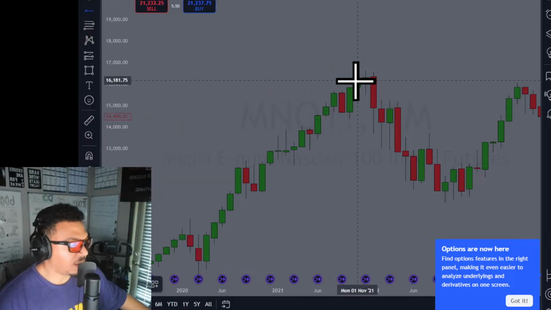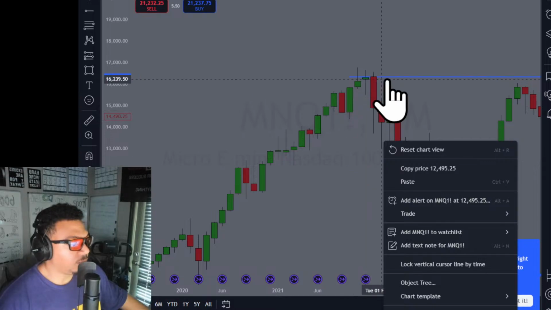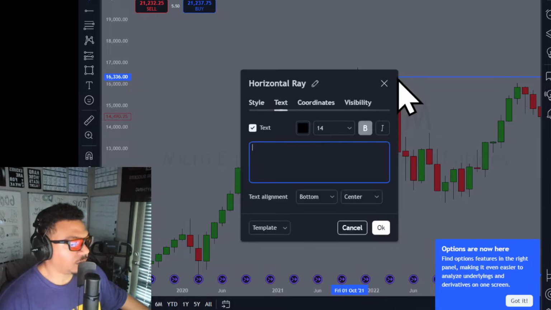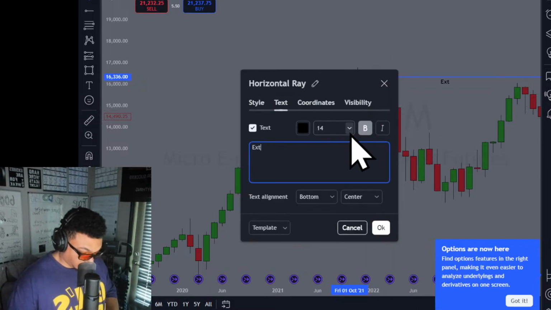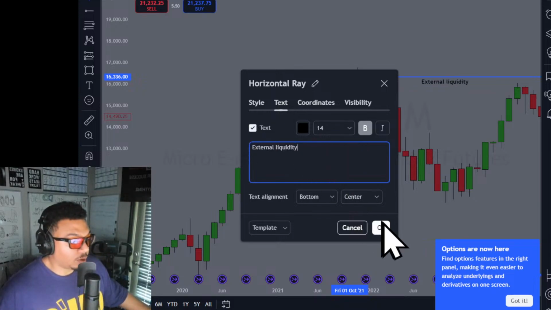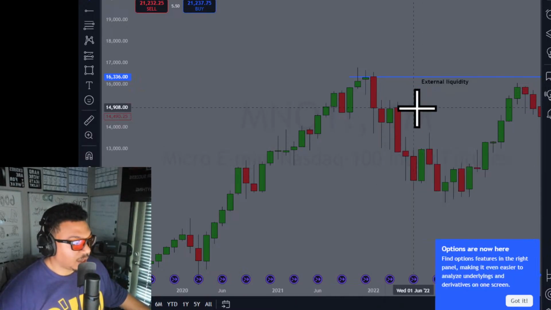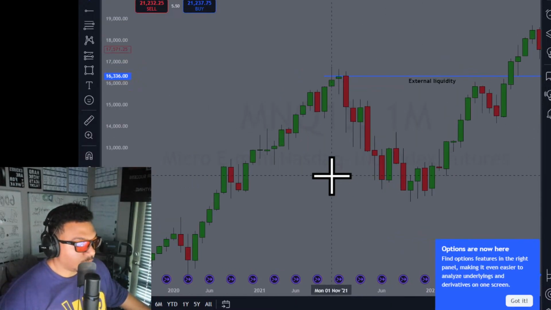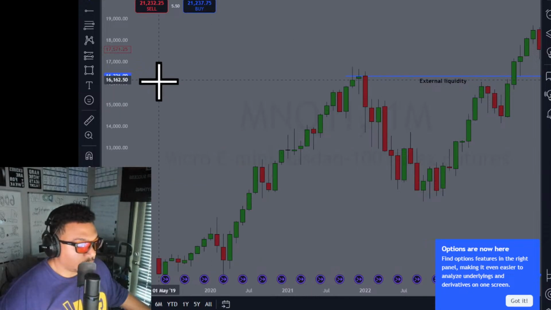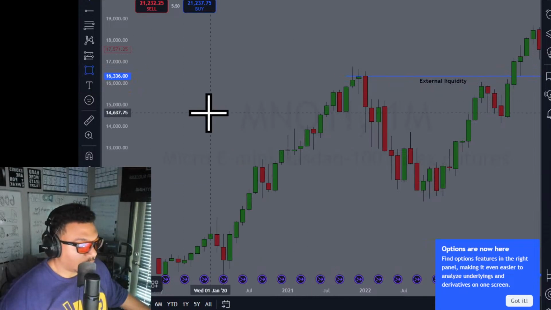So if you identify that old high and realize that is external liquidity, then we want to take internal liquidity back to that level. How can we get internal liquidity back to that level? Multiple ways. We just look for order blocks or for value gaps to be filled in.